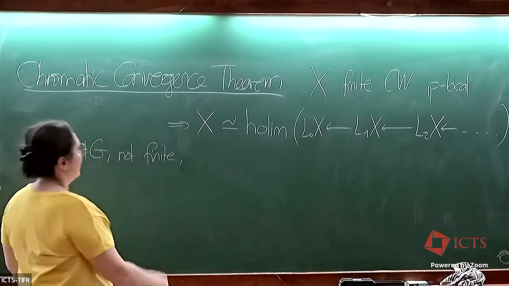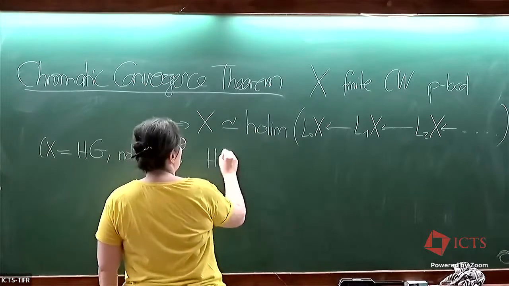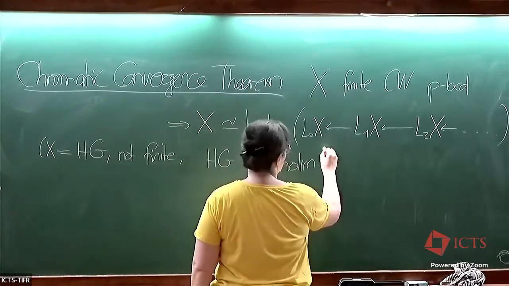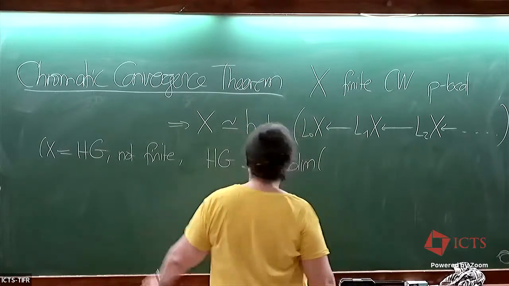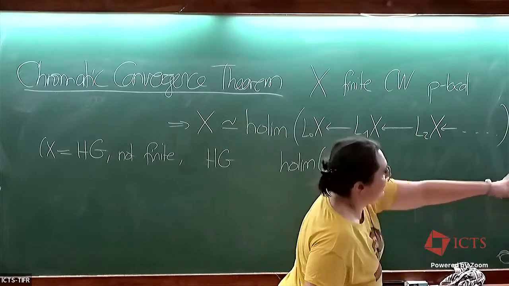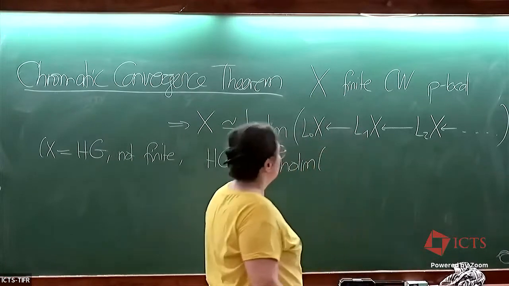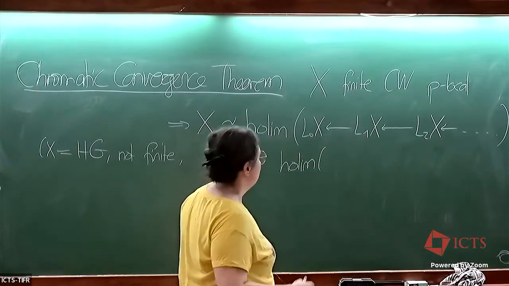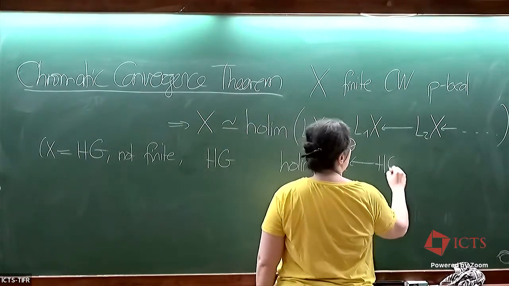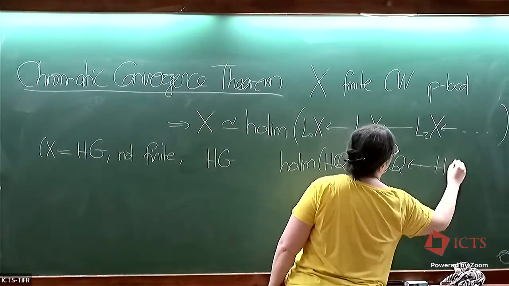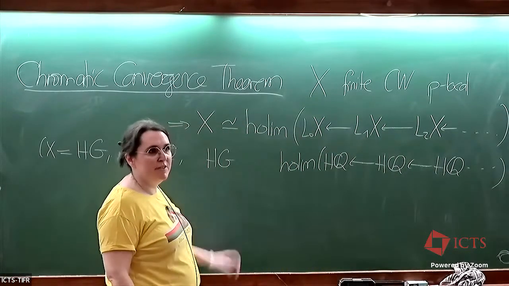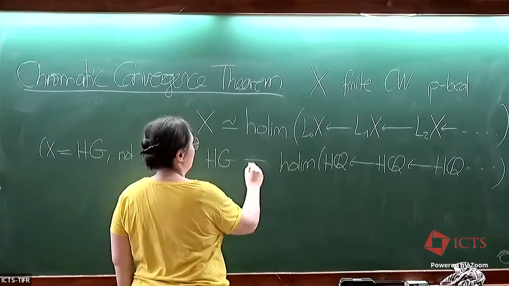Then if I plug that into there, I would have Hg, and here I would put the homotopy limit of my LnHg, and if we refer again to chromatic localizations of Eilenberg-MacLane spectra, I would just get that. And not every Hg equals HQ.